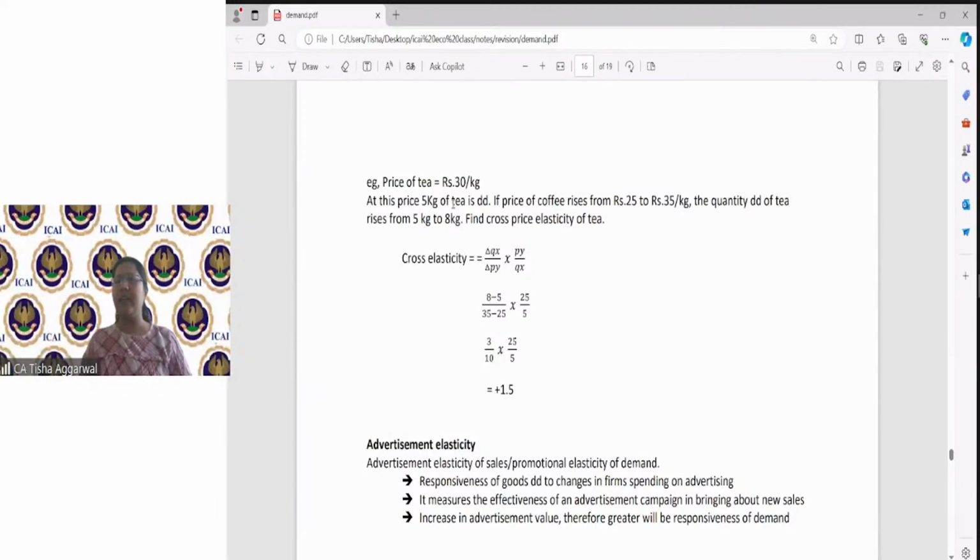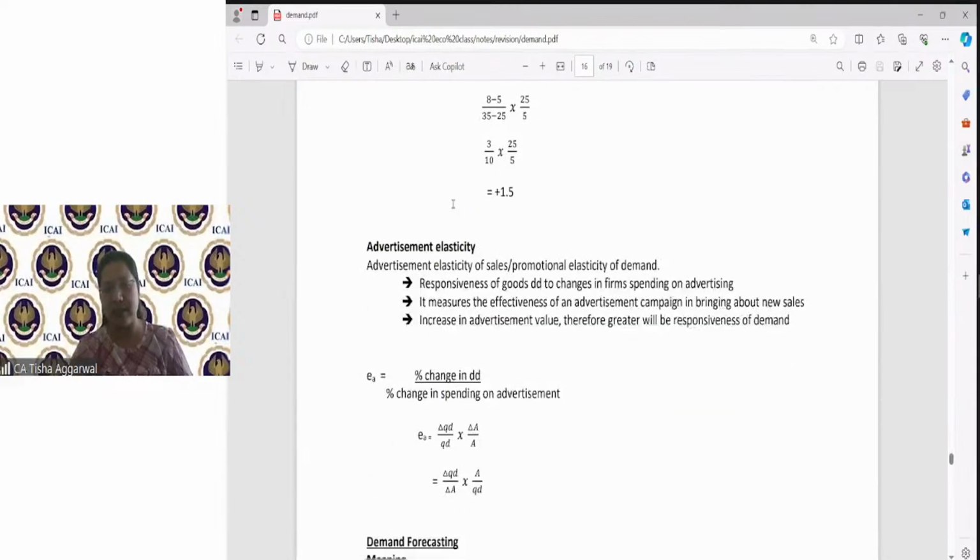My quantity of tea increases from 5 kg to 8 kg. So the cross elasticity says how the delta change in quantity takes place with the delta change in the price of the other commodity. So quantity of X gets affected by the price of Y. This is how you find the cross elasticity.